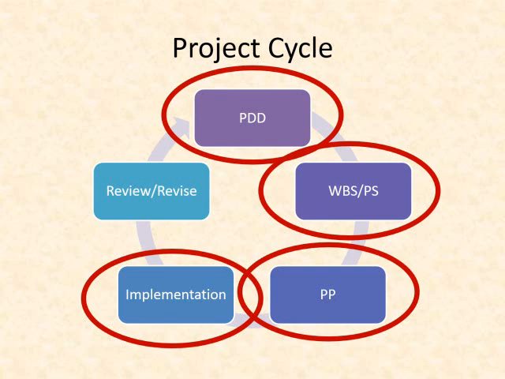And that will be your implementation of the project itself. We'll review and revise a different project so that we can have walked through one or more times through each of the cycle steps in the project life cycle before the end of this class. So enough of this, let's get into the fun part.